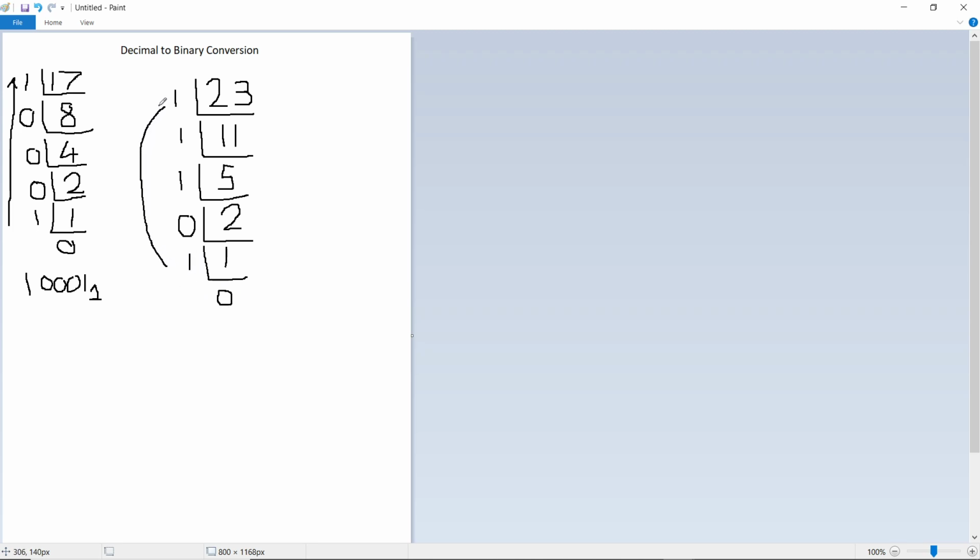Now I can read my remainders in reverse because I've got to 0 here, and I end up with 10111.